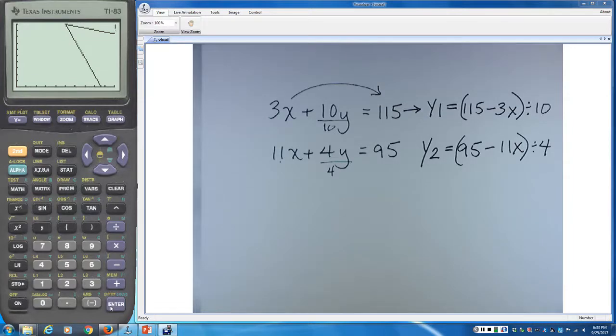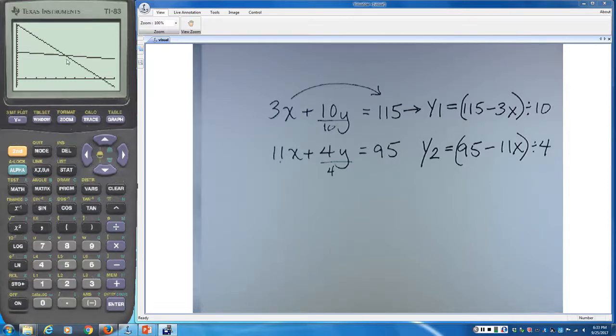It'll take my existing x values and find a window where I can see both the x and the y and the intersection points. So it made a little bit different window, but it still shows the complete intersection point. But it wouldn't have shown you this particular graph if you hadn't known to start with x being 0 and y being 0. So apply the common sense part of it.